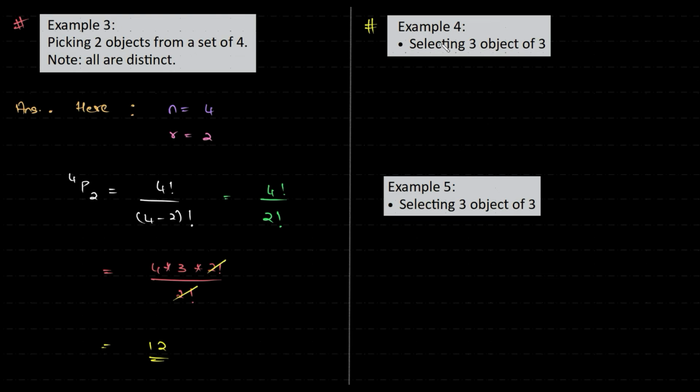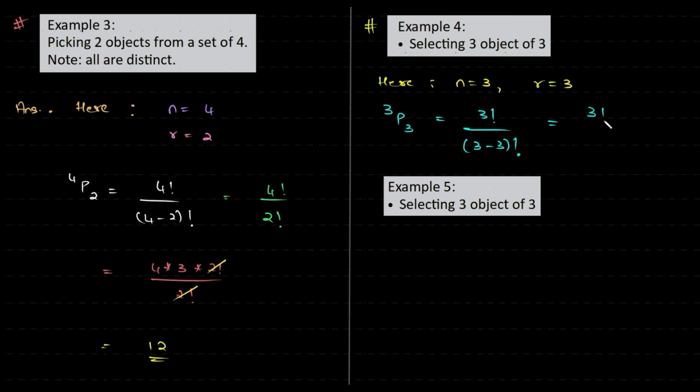What if we had to select 3 out of 3 and arrange them, remember, right? So here n is equal to 3 and r is also equal to 3. So basically we'll end up with 3P3, which is 3 factorial divided by (3 minus 3) factorial.